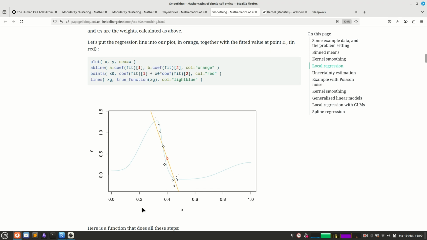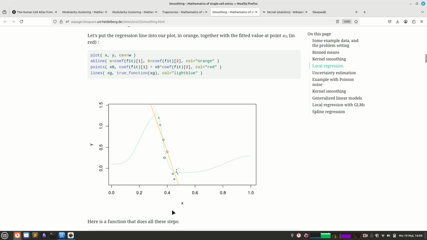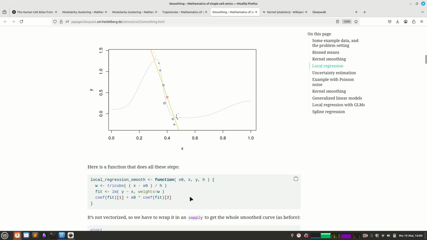And I can do this for every query value. So I again take my grid of data, and here you see I've put together the function that I've just described to you in order to get the value that the smooth curve has at a position x naught, given data points x, y and a kernel bandwidth h.